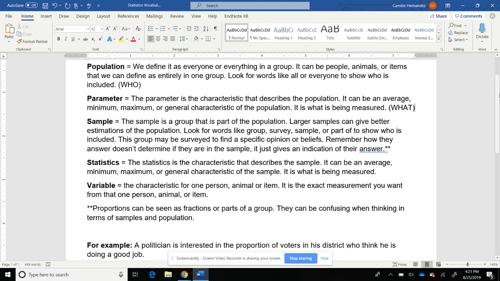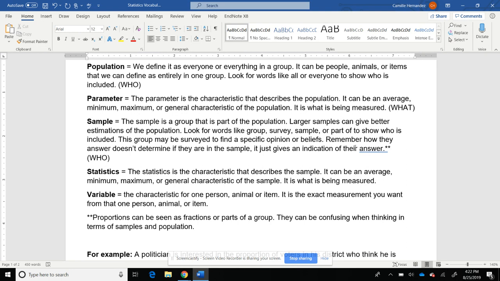And then the statistic is who in that sample likes Coke, Pepsi, or which one. So that's what we need to be remembering: your sample is who, and that's who of that population. So again, the sample is another who question, but it's also smaller because it's part of the population.